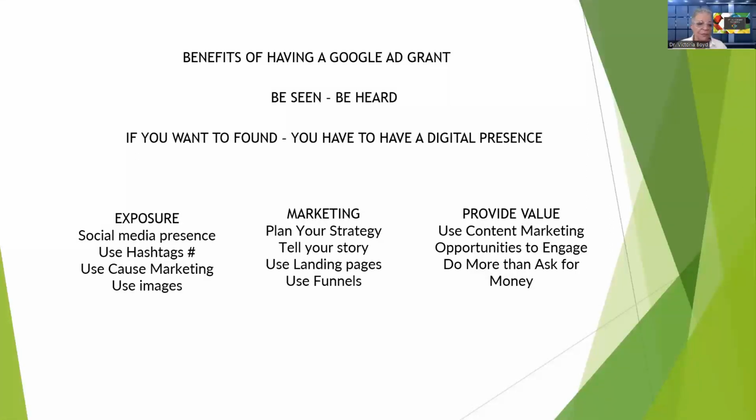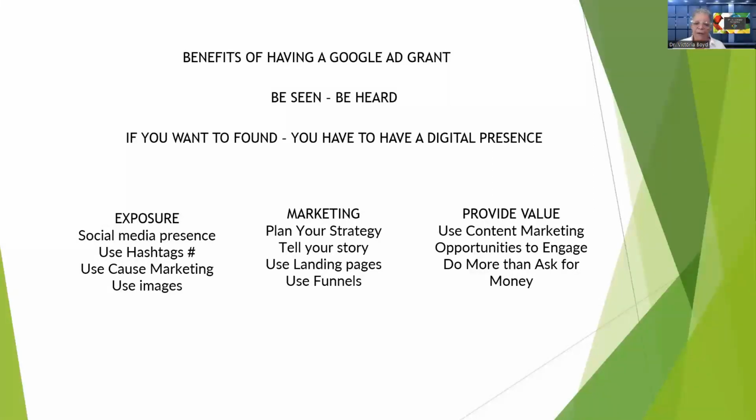So you're going to get exposure. You're going to have more exposure from your social media presence. You can use the hashtags. You can talk about cause marketing. You can't use images for Google ad grants because they're text only, but you can send them to a place on your website that has images.